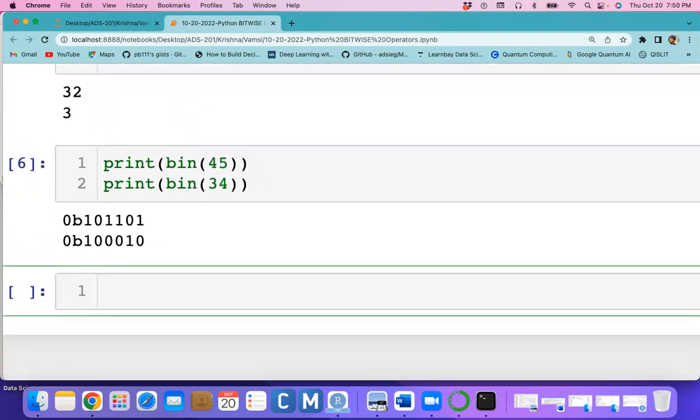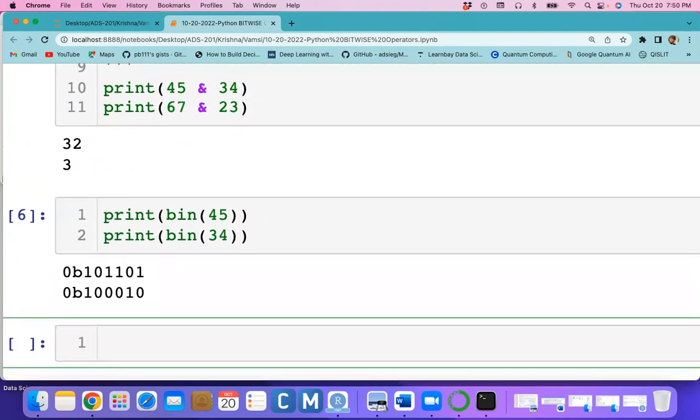Now when they are converted, what happens internally, I'm explaining now. The 45 is converted into binary, and the next one, 34, is converted into binary, that's fine.